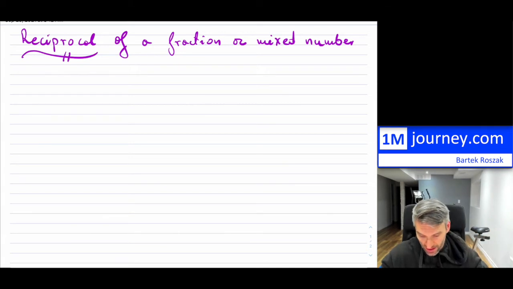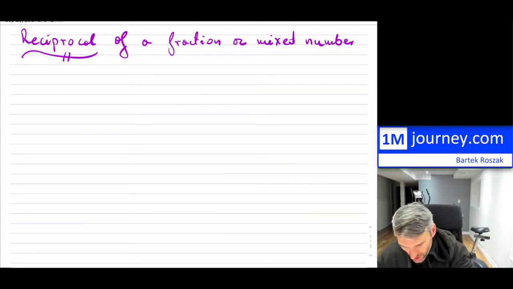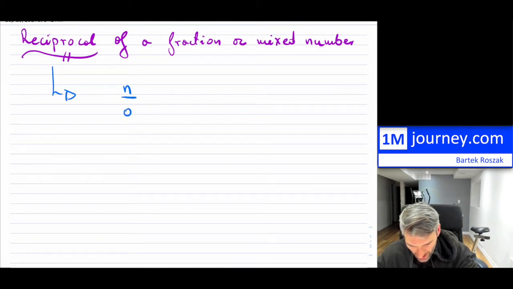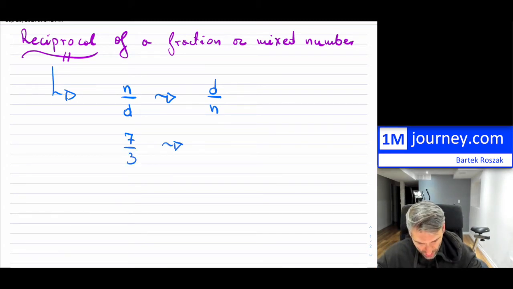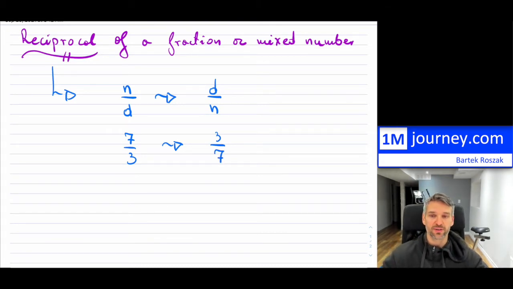All right, so let's take a look at this. So the basic concept of reciprocals is if you have a numerator and you're dividing by a denominator, then the reciprocal of this is the swapping of the numerator and denominator. So if I gave you a real case, so let's say 7 over 3, and you wanted to find the reciprocal of 7 over 3, you would have just swapped the numerators and denominators, and you would have received 3 over 7.